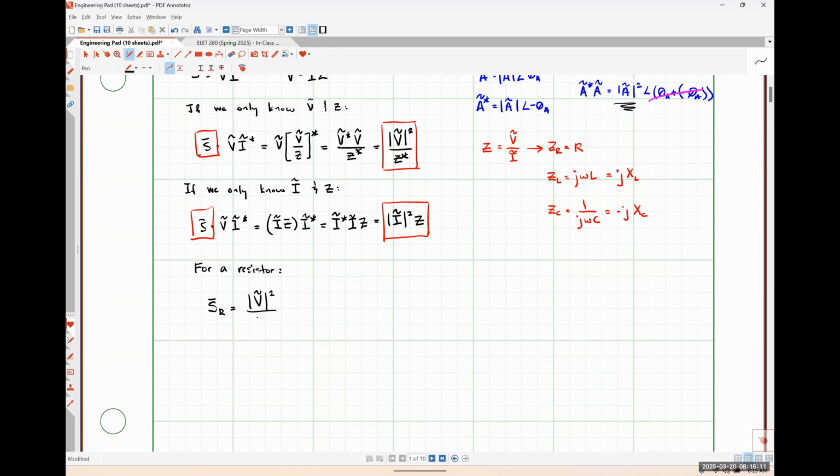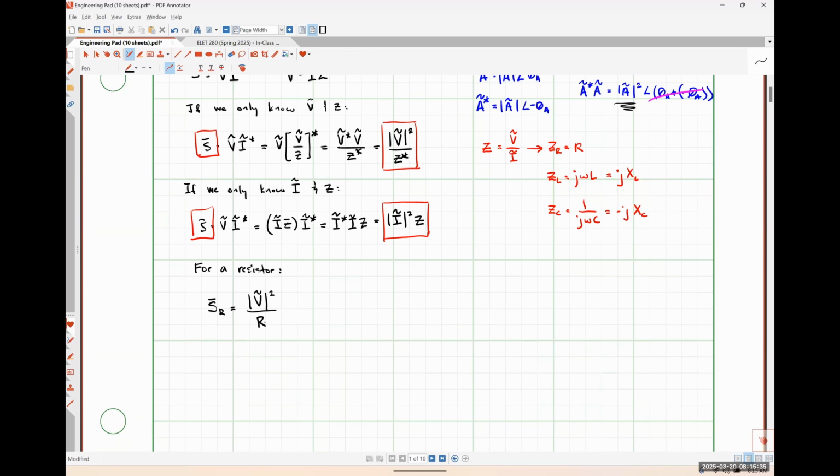So we would just have the magnitude of the voltage squared divided by R, which looks exactly like the old school relationship for the power absorbed by a resistor from your DC circuits, just V squared over R. But now we're using the magnitude of the RMS voltage instead of a DC voltage.